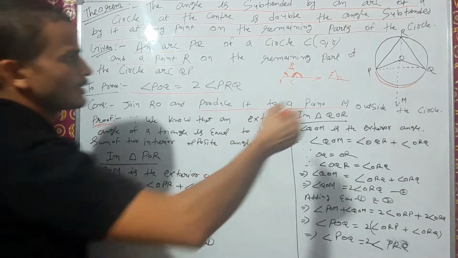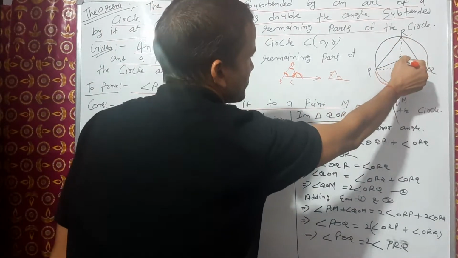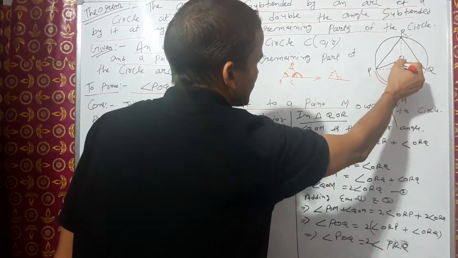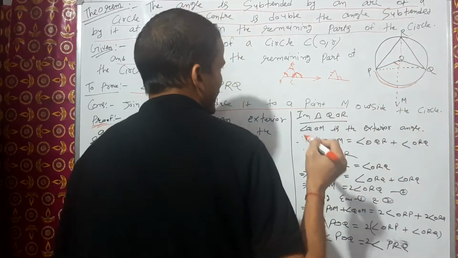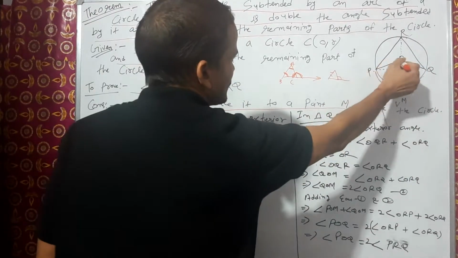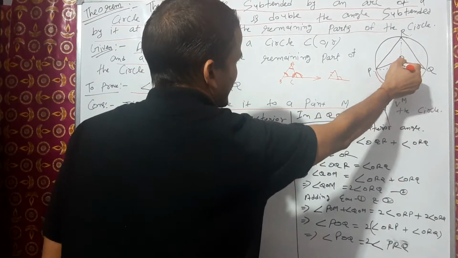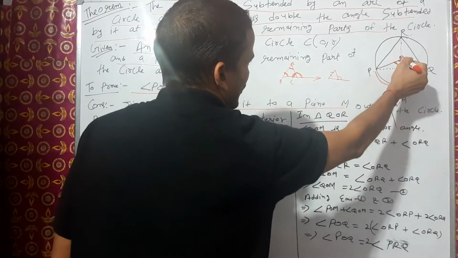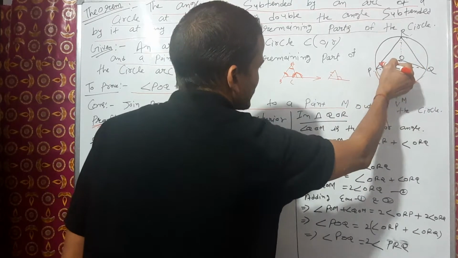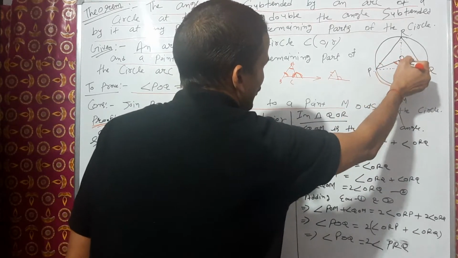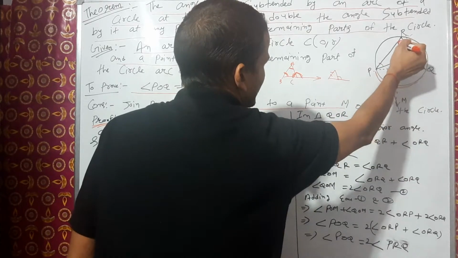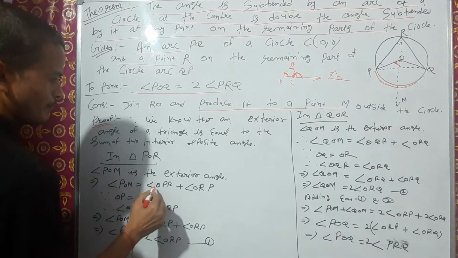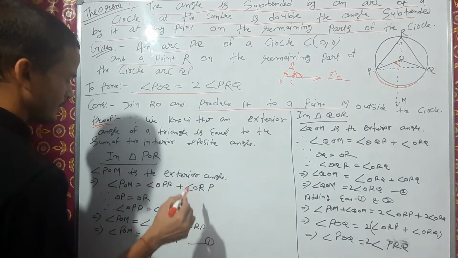So in triangle POR, angle POM is the exterior angle of the triangle, and POM is equal to the sum of OPR, this angle, and ORP, this angle. Means POM is equal to OPR plus ORP.